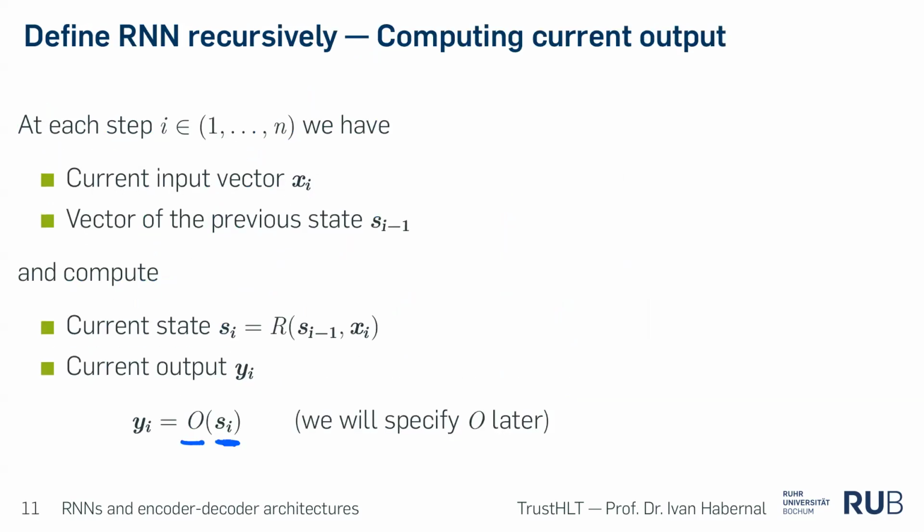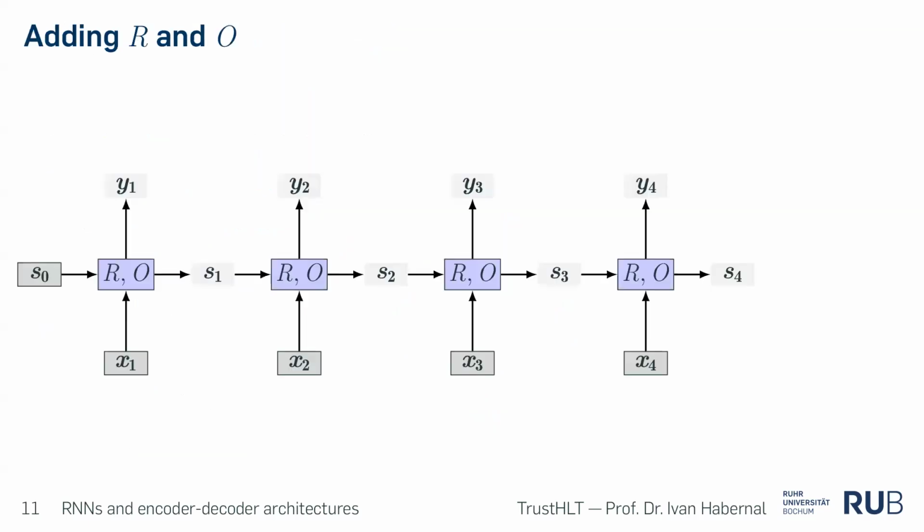Okay, so we have two functions. One is for computing the state, and then using the state information, we have an output computing function which produces the output vector. So plugging everything together, we end up with adding the R and O. So we have these R and O here, and that's how the information flows now in the recurrent network.